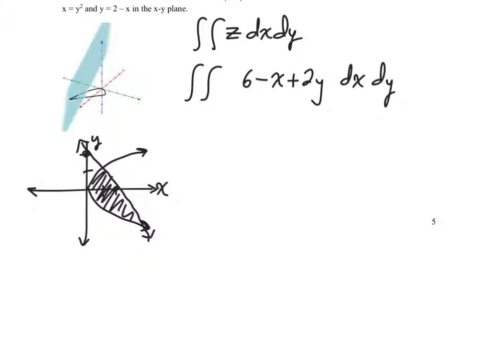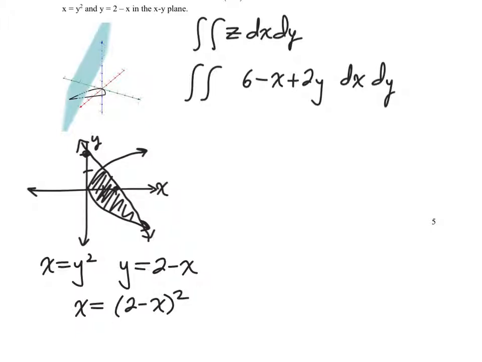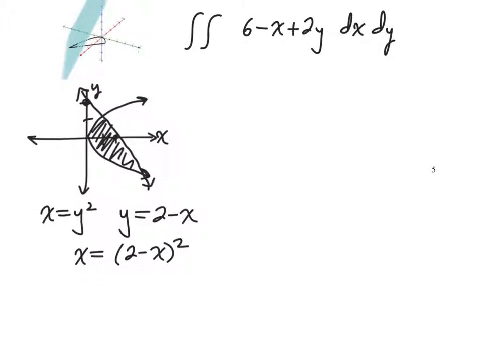We are going to need to know the intersection points. So again, we have x equals y squared and y equals 2 minus x. Little quick substitution, x equals 2 minus x quantity squared. So x would be equal to 4 minus 4x plus x squared.